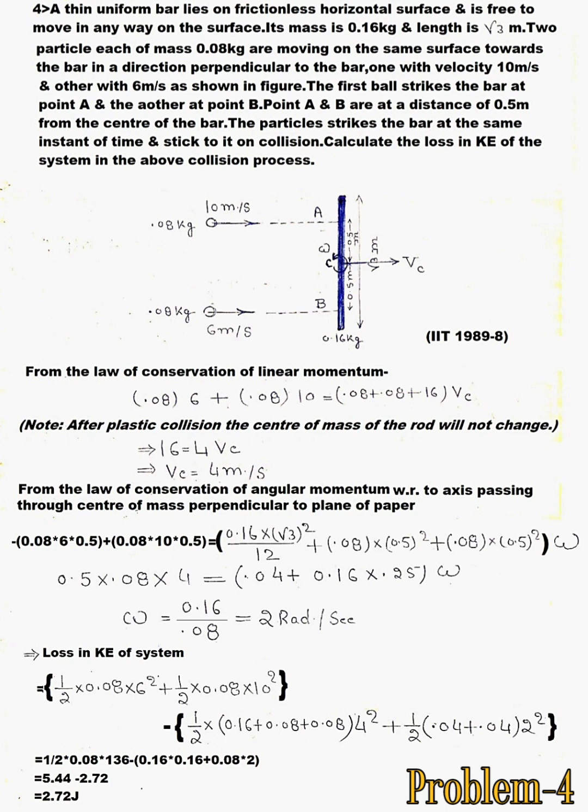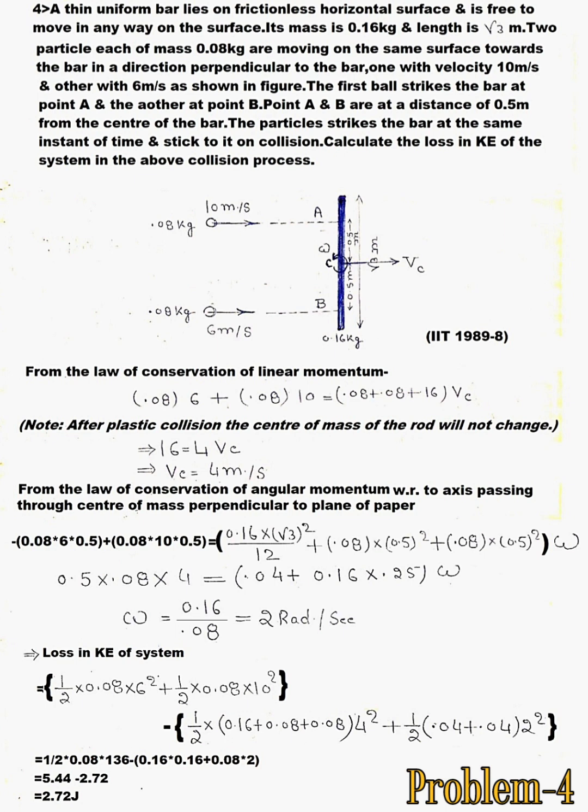Now during collision, there is no external force acting over the rod and bead system. Hence, after applying the law of conservation of linear momentum, we get the speed of center of mass of the whole system as 4 meter per second. Now, the beads hitting with different speed produce torque over the rod, and the rod starts rotational motion also.